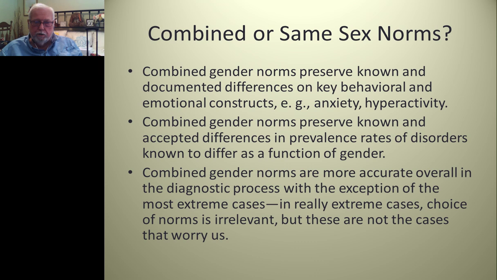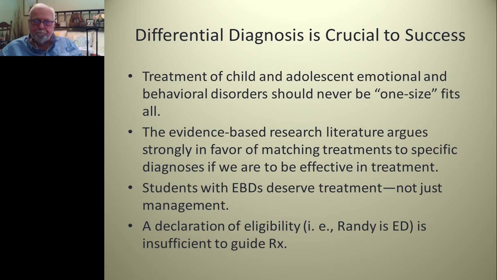Combined gender norms are more accurate in the diagnostic process, with the exception of the really extreme cases, where the choice of norms becomes irrelevant, and it's not those cases that cause worry. That's where the combined gender norms really shine. Differential diagnosis is best done using combined gender norms, and it's critical to success.